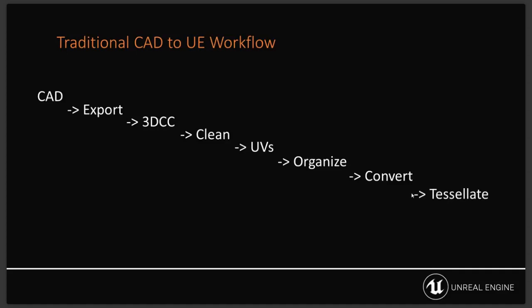And quite often this involves a process of tessellation, which is the translation of that data into polygons or triangles. We'll look at that a little bit later on as well, but I use the term tessellation loosely, because this could also require a complete rebuild of your data, or at least a rebuild of components of the data so that they do translate into polygons or triangles effectively.